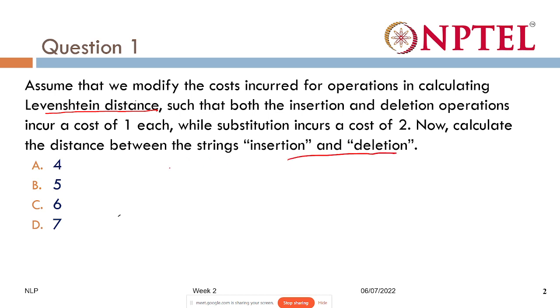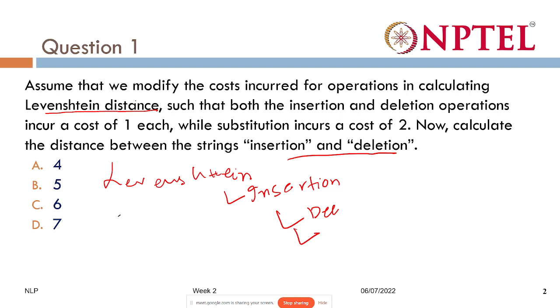And we know that the three operations allowed in Levenshtein are insertion, deletion, and substitution. The costs given are 1 for deletion, 1 for insertion, and 2 for substitution.